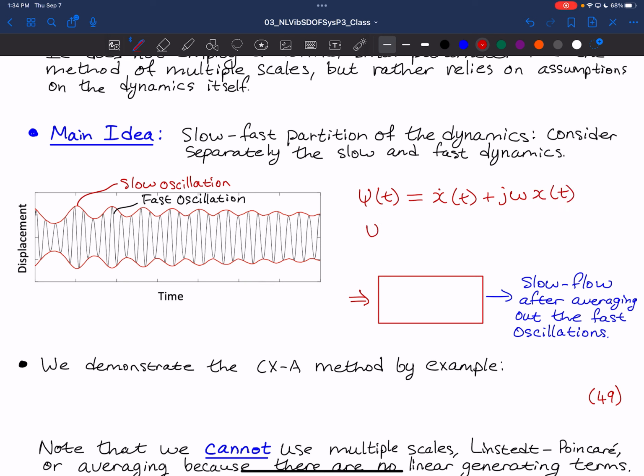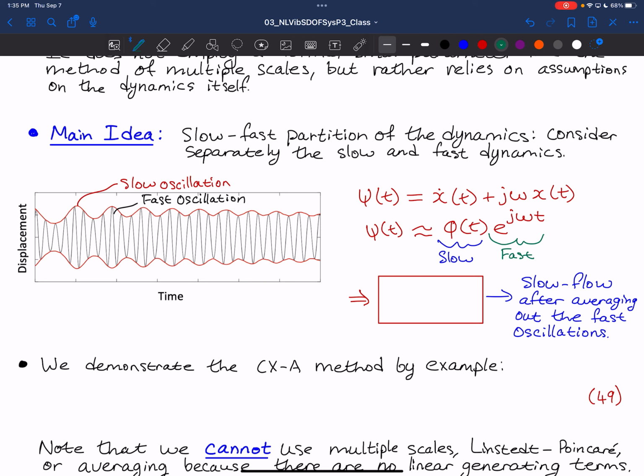From there, we let psi of t be approximately equal to a phi of t times e to the j omega t. Here, phi is the slow part, and e to the j omega t is the fast part. All right, so the core assumption we made here is that there's only one fast frequency, omega.